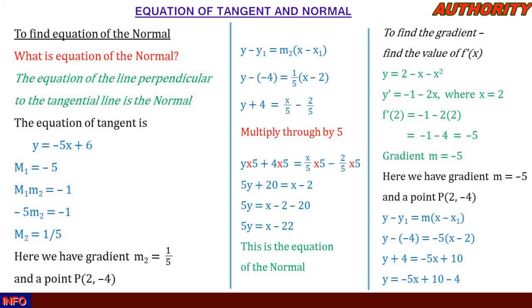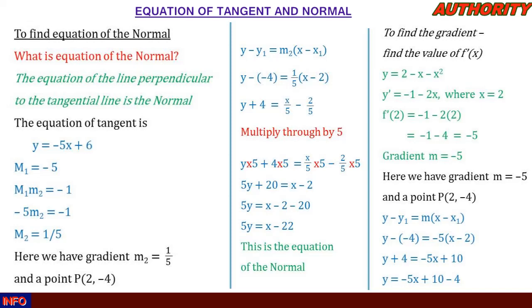Yes, we have stipulated the steps. The first thing you do, we are going to find the point of the tangent. The second thing we're going to do, we're going to find the gradient of the tangent, and then we'll say that the gradient of the tangent is f prime of x. After that, you solve for the equation of the tangent.